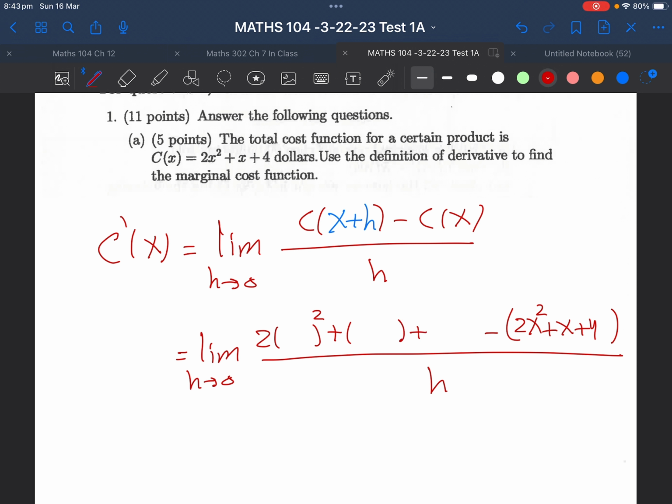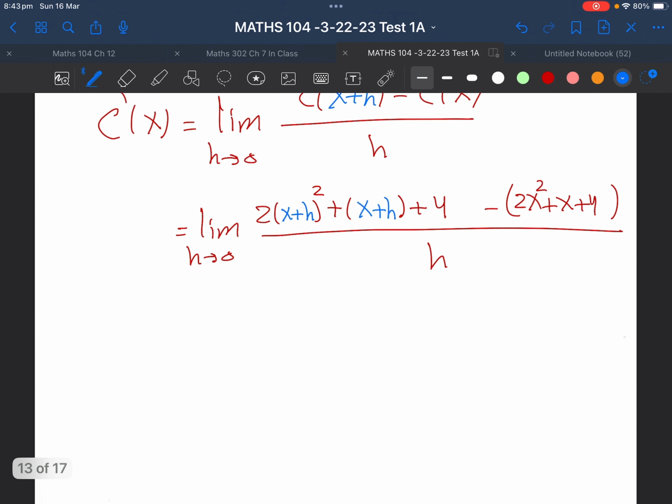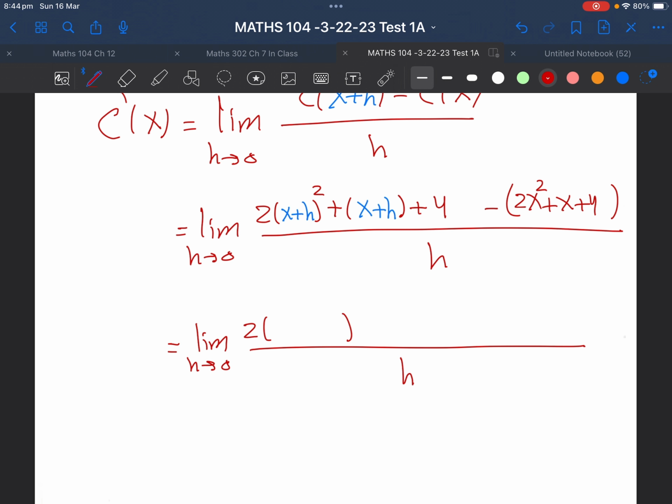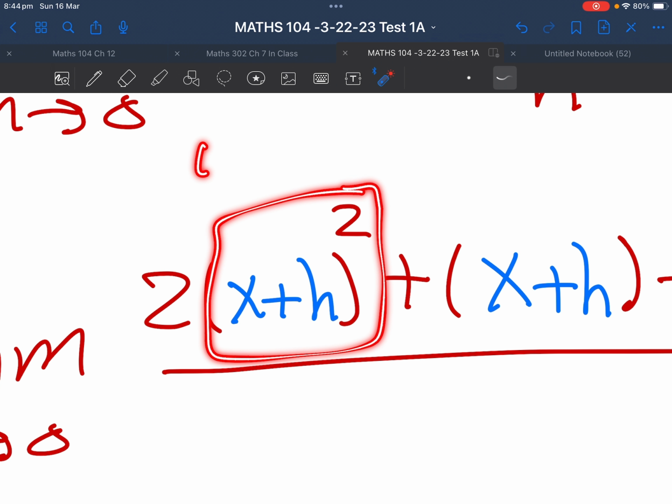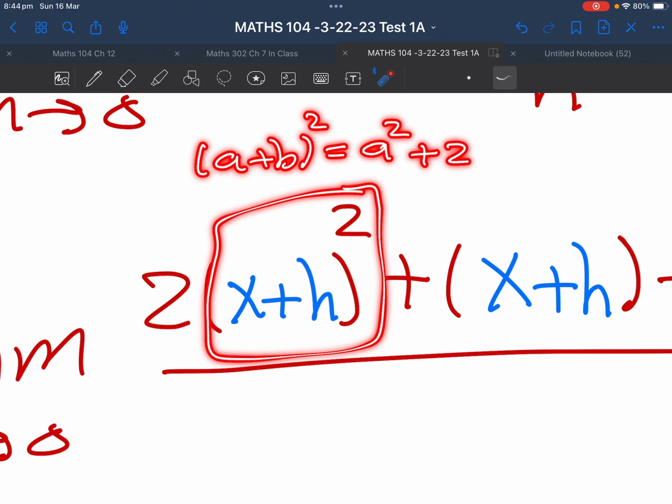Okay. Now, instead of x, we write x plus h. And now, finally, the answer. So we have to open the brackets. So here we have 2. Now, do you remember how we do the x plus h squared? This is like a plus b all squared, which is the first square plus 2ab plus b squared.